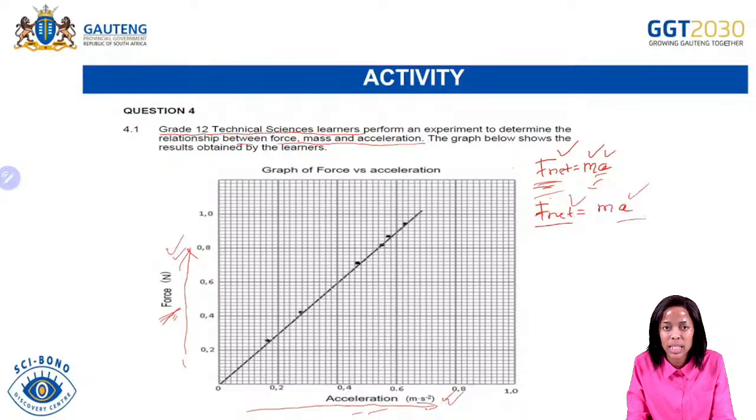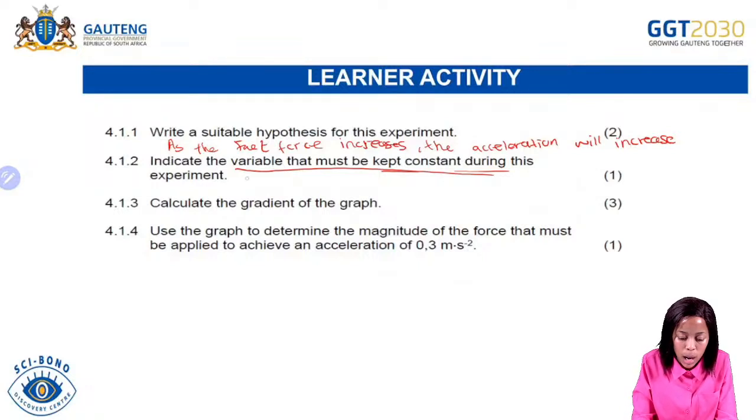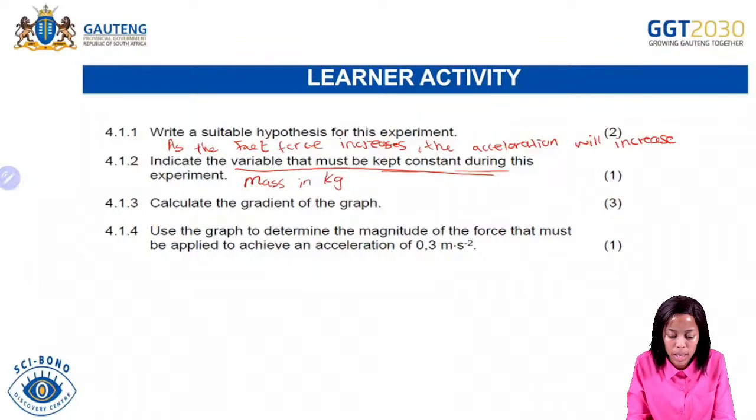So we have our independent variable and our dependent variable, and the only one which is not there is our mass in kilograms. So that is the variable that we are going to keep constant, the variable that is not going to change as we perform the experiment.